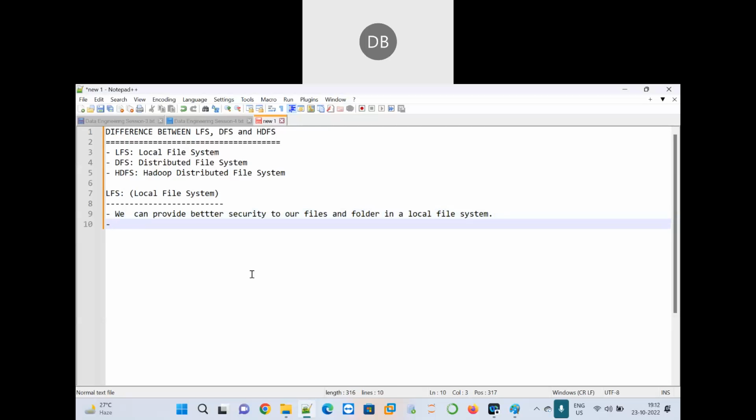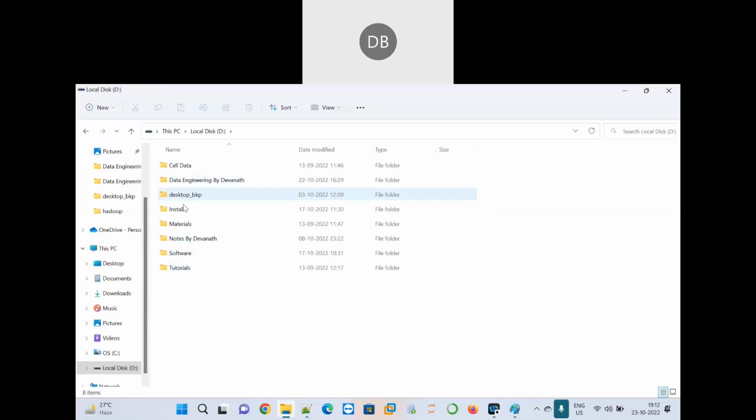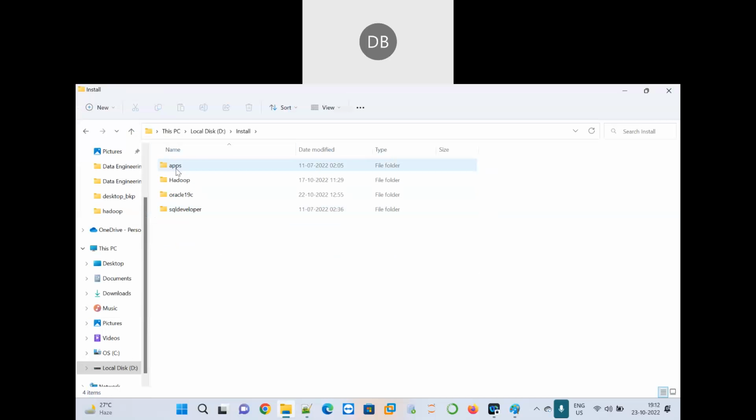Any other? Suppose I want to do a copy, only a small file, then I can retrieve it properly, right? If I want any images, yes, I can easily access, right? Easy accessibility.